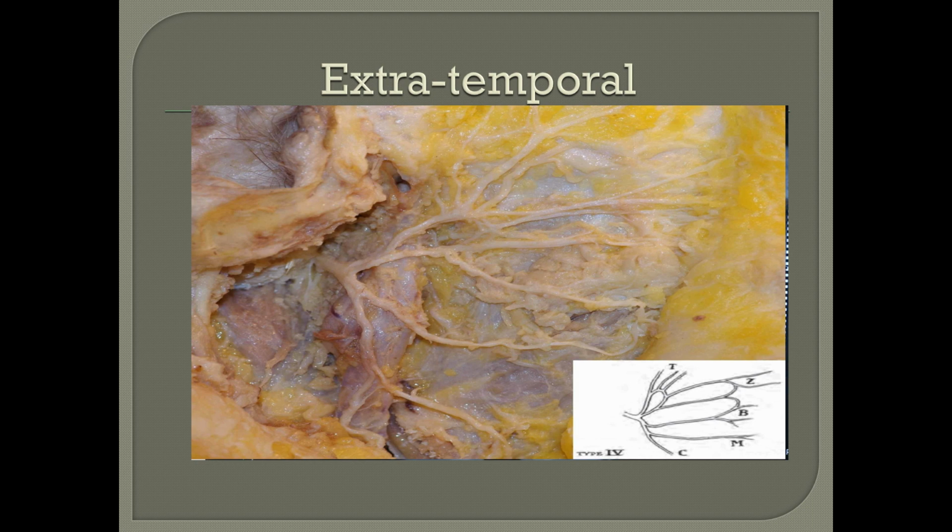Now extratemporal, after exiting from the stylomastoid foramen, it has a course of around 1 to 2 millimeters, and then it enters into the parotid gland and divides the parotid gland into superficial and deep parts. In the superficial part, the superior division of the trunk of the facial nerve divides again into zygomatic and temporal parts, and the upper buccal also arises from here.